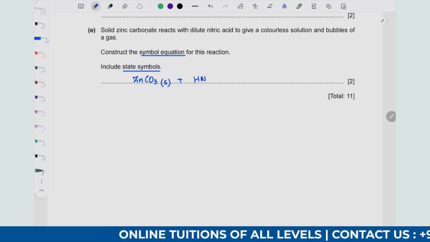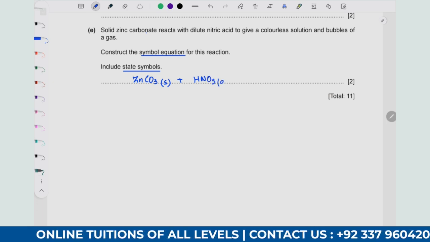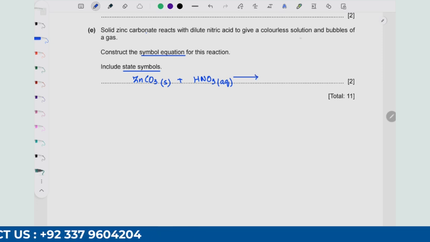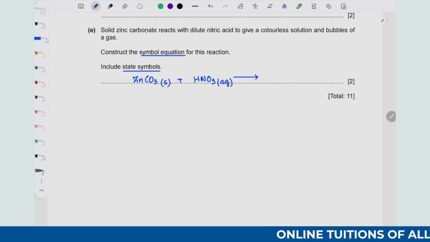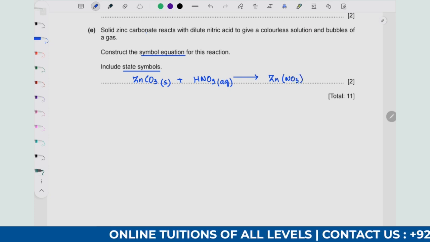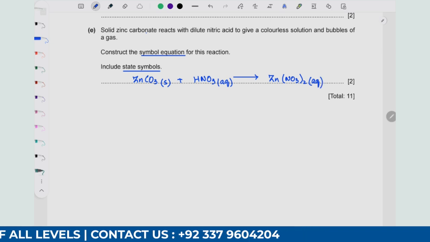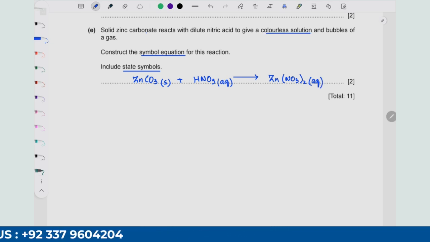Dilute nitric acid means that it is HNO3 in aqueous state, and it is producing a colorless solution, to give a colorless solution and bubbles of a gas. So the colorless solution will be zinc nitrate, Zn(NO3)2, which is again aqueous, as this is a colorless solution, and bubbles of gas.